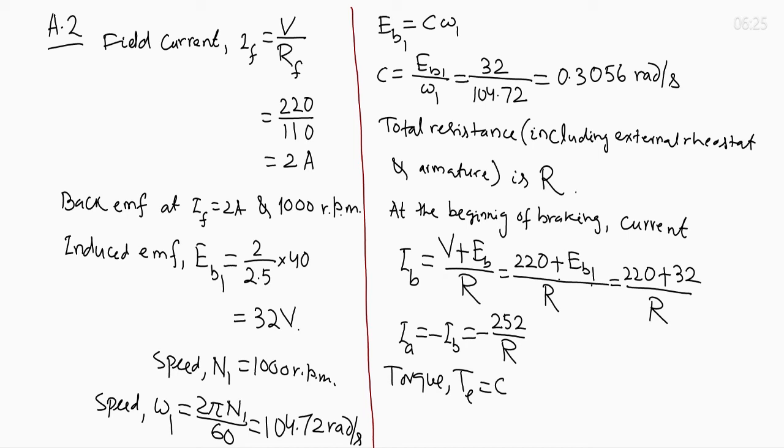Torque is C into instantaneous current IA, and that is minus C times supply voltage 220 plus instantaneous back EMF, divided by R, which is constant, and this EB is C into omega. So, minus C times 220, the supply voltage, plus C times omega, divided by R.